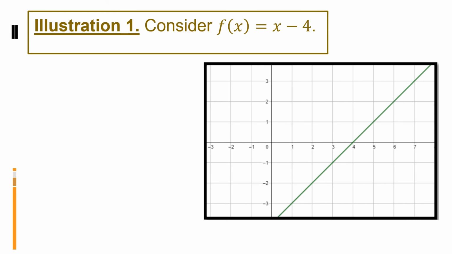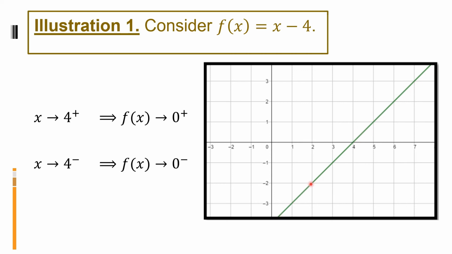So let's consider f of x to be equal to x minus 4. Observe that as x approaches 4 from the right, anong nangyayari kay f of x? Ina-approach niya yung 0 from the values of x na positive. Okay? Sa positive siya dadaan. Kapag naman x approaches 4 from the left, yung f of x naman natin, ina-approach niya yung 0 through the values na negative.